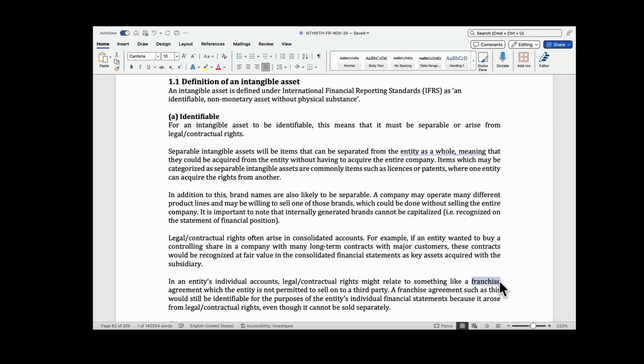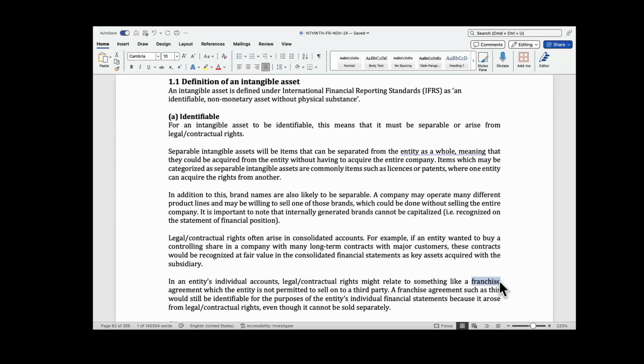Most of the KFCs you see around today, all these outlets, are actually franchises from the main KFC. So it's similar to a brand name, right? But the person holding it, like if I want to open a KFC outlet now, I could contact KFC and say I want to use their name.